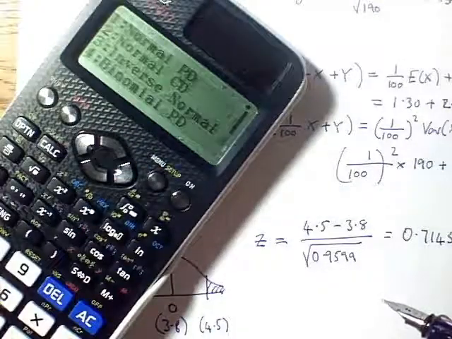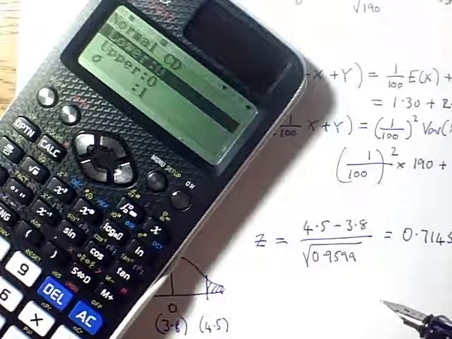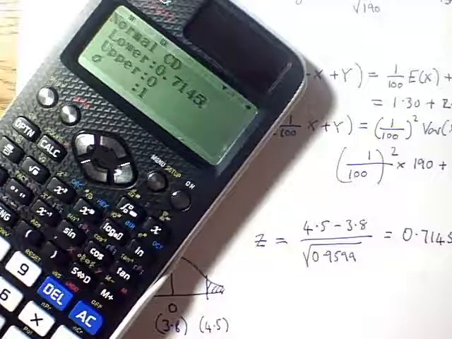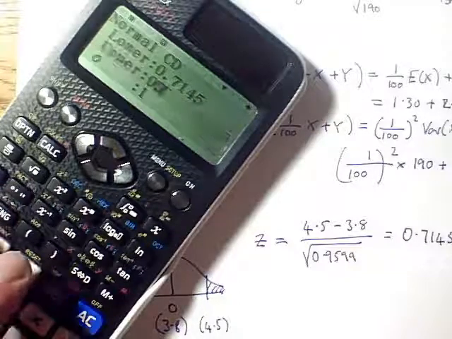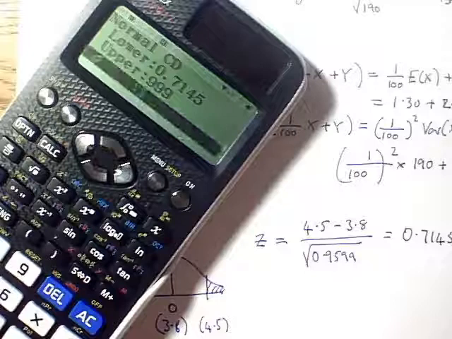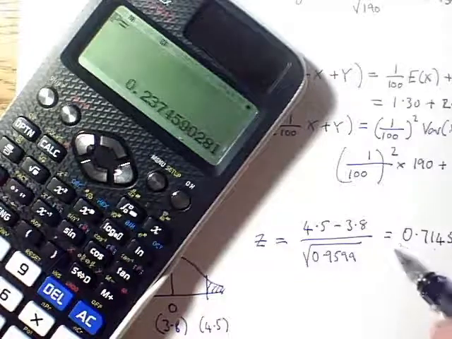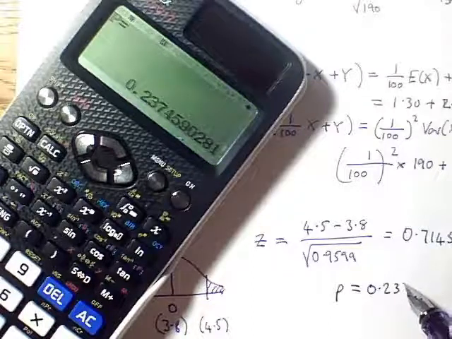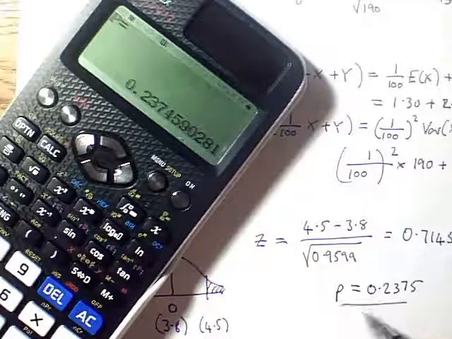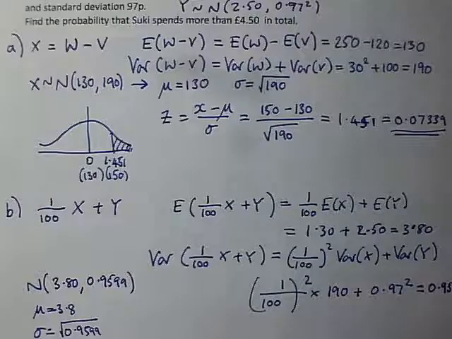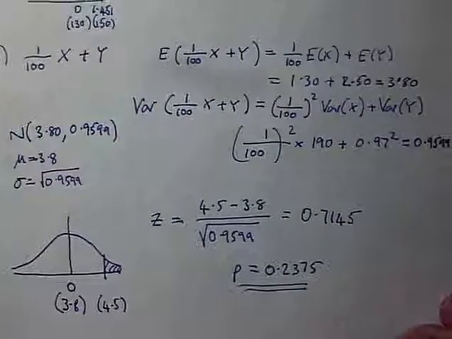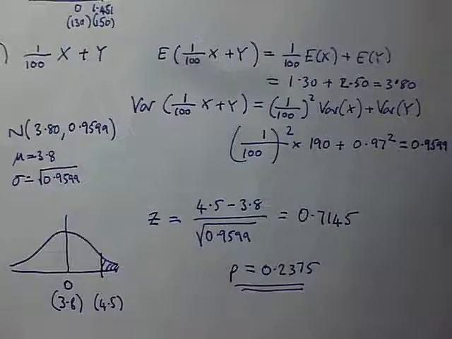So on my normal CD, lower bound is 0.7145, and the upper bound is something like 999 will do, and I get my p-value is 0.2375, and I am done. So there's the solution in full for part A of the question, and there is the full solution for part B.